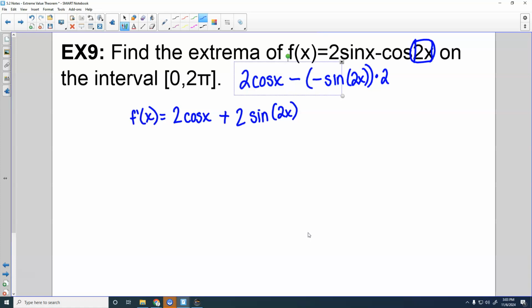Okay, so if you were looking for where this equals 0, it's not going to be undefined because sine and cosine don't have any places where they're undefined. I've got 2 cosine x plus 2 sine of 2x right here.